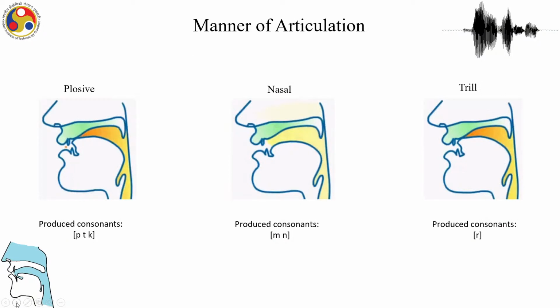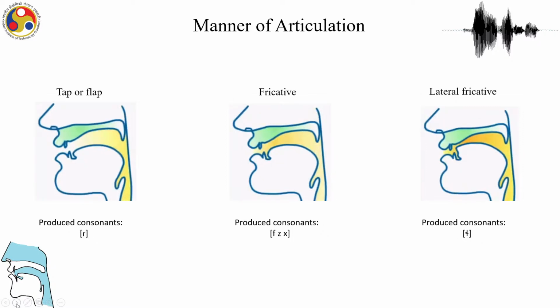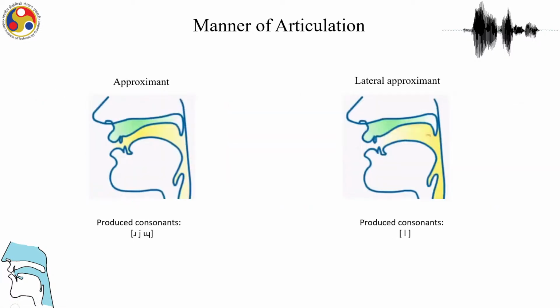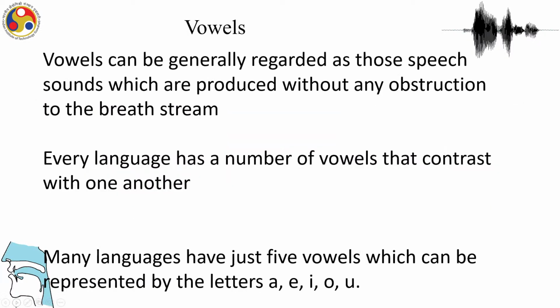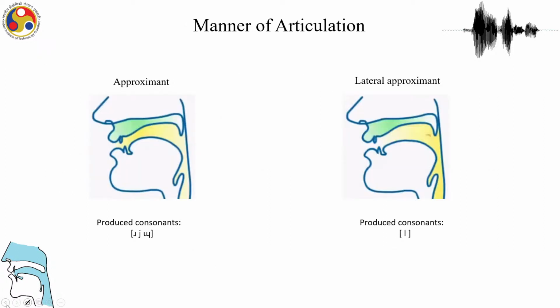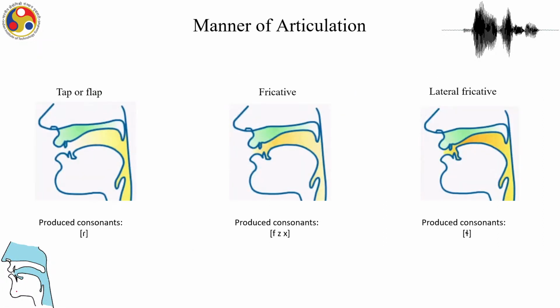And then we have the manner of articulation, which we cannot probably show here. As you have seen in the course, the movement of the tongue towards a certain region will produce certain kinds of fricatives.